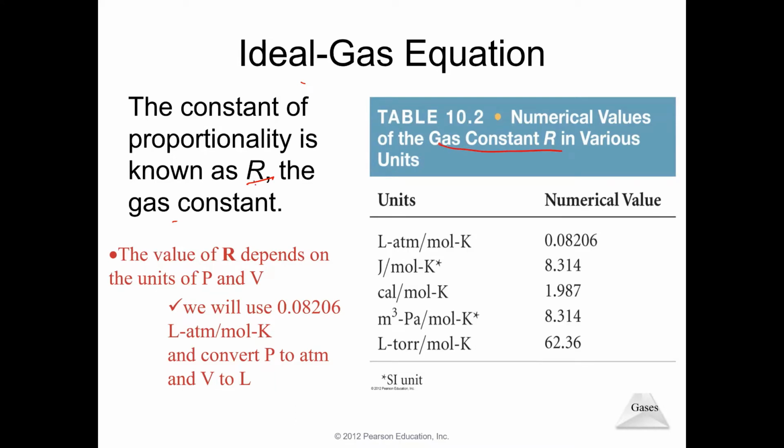The trick about R is it comes with different units. So you see all these variable units being used, all right? But the one we're gonna be using for most of the calculations is this one, which means what? The R constant is gonna be what? Liter atmosphere over moles Kelvin.